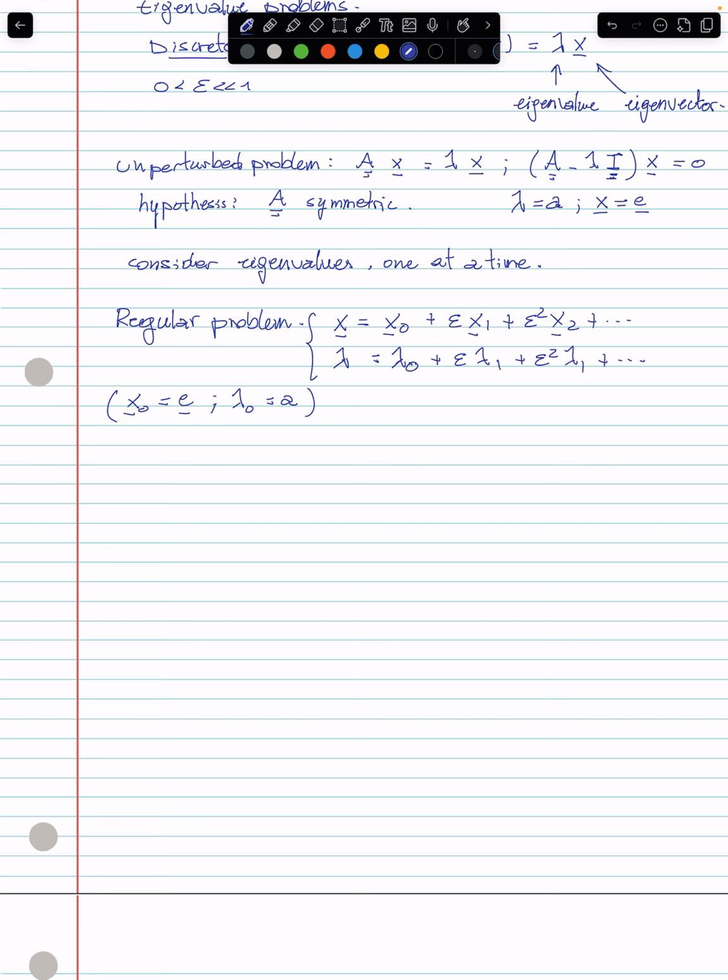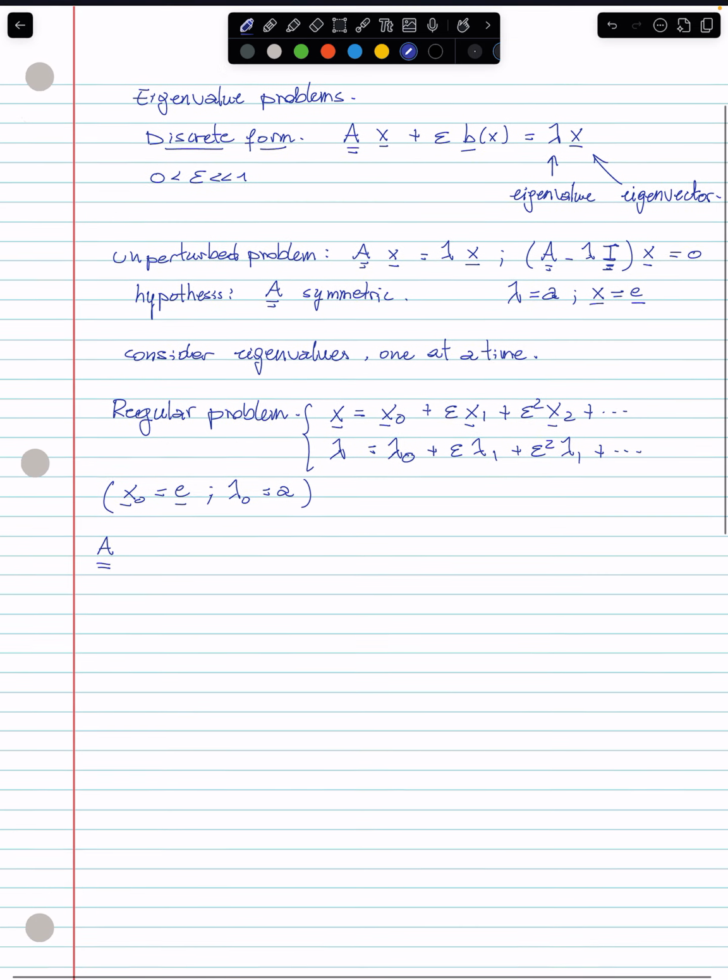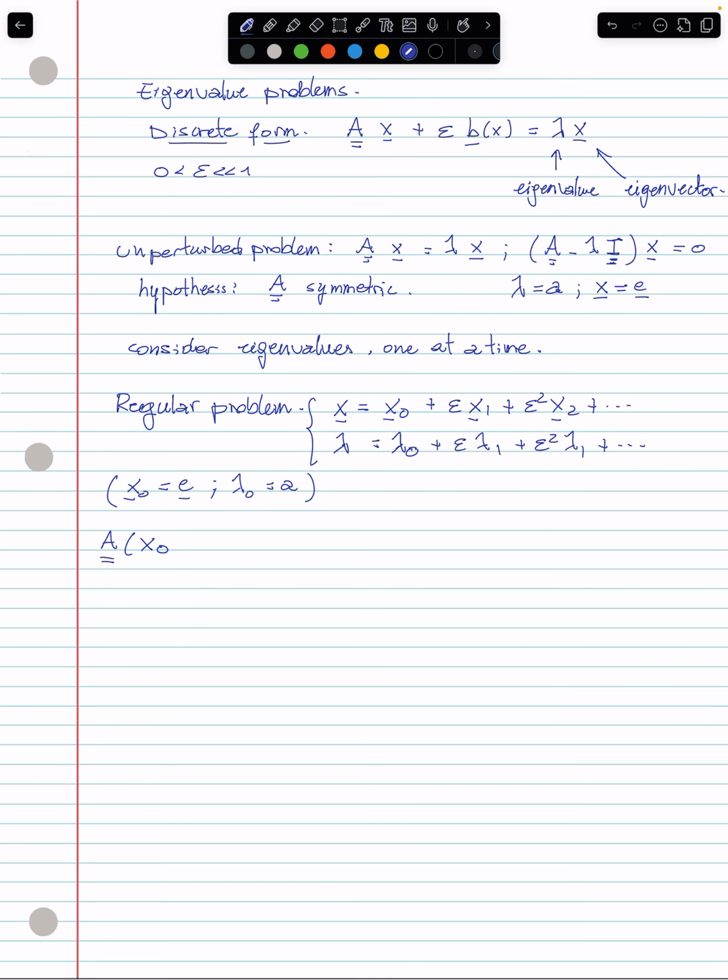What we need to do now is to substitute this in the governing equation. If we substitute this, we have A times x, which is x0 plus epsilon x1, epsilon squared x2 and so on, plus epsilon B. This is a nonlinear vector valued function which needs to be evaluated at x, like this.